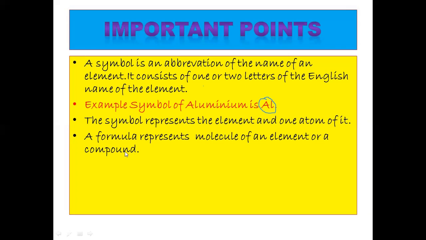Suppose I talk of H2O. H2O is a compound, right? It is the chemical formula for water. So it represents two atoms of hydrogen in combination with one atom of oxygen to form one molecule of water.